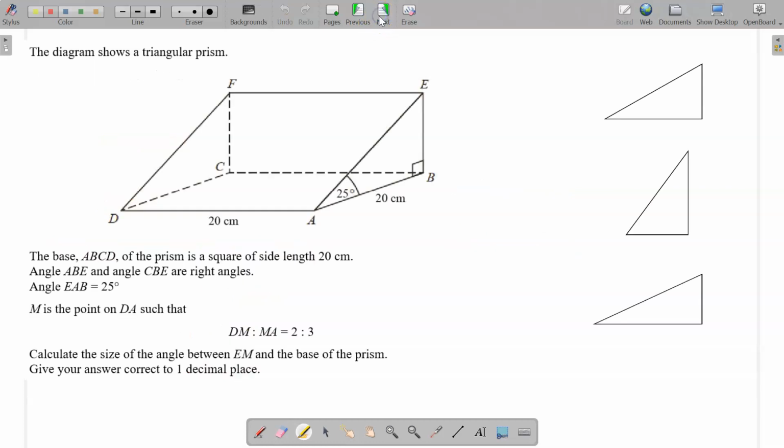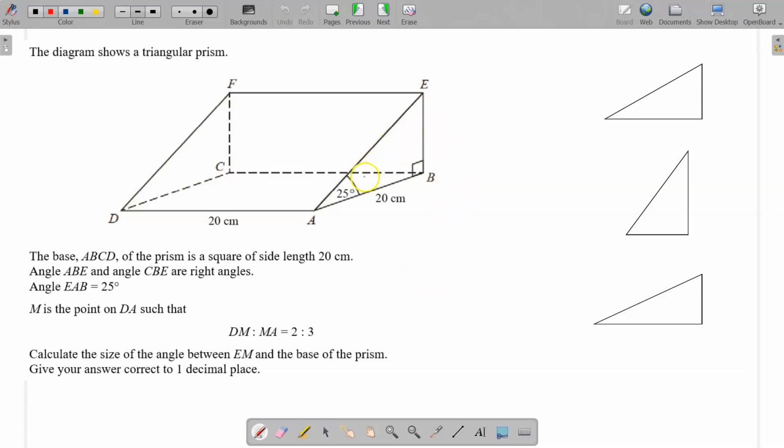Okay, next question. Okay, this is a question involving a 3D shape and trigonometry in 3 dimensions. Okay, so it's important on questions like this that when you're working on any triangle within the 3D shape, you sketch it out in 2D form. And I'll show you what I mean.